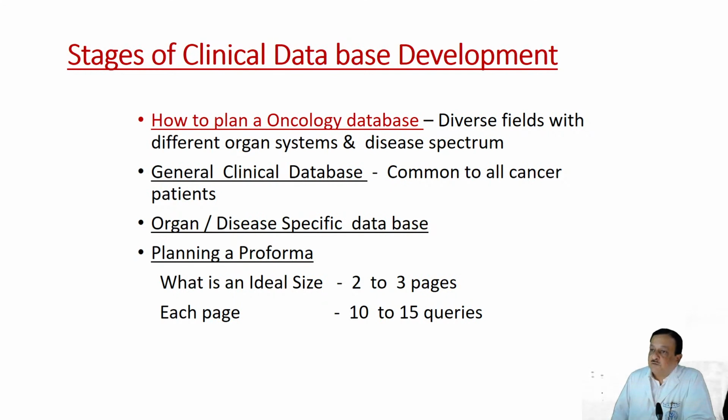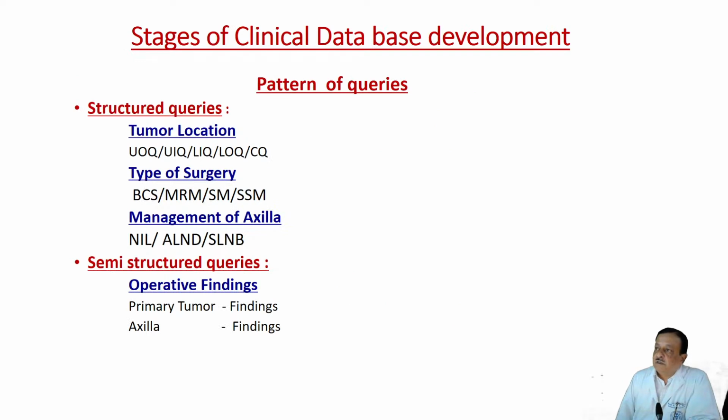So you have to be very clear what you want in this database. You can have a general clinical database catering to common fields of cancer patients, and for disease and organ specific, you create specific databases for each cancer. And these databases should not be too exhaustive. It should be user friendly and capture all relevant information the clinician needs.